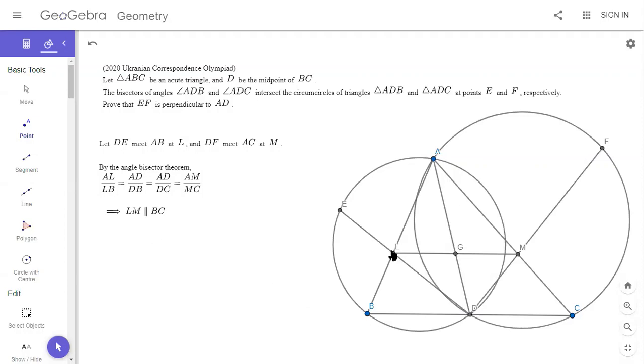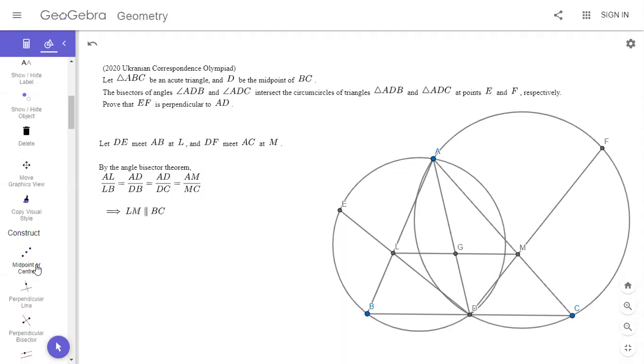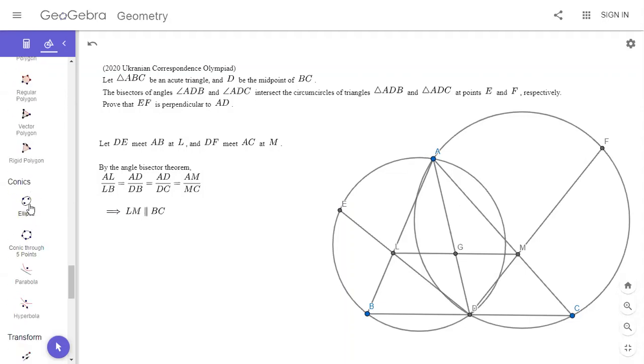I think we could just go back, because DL times LE. I mean, triangles DLE and ALE are similar, right? Well, what if I just write it like this? We want DL times DE.